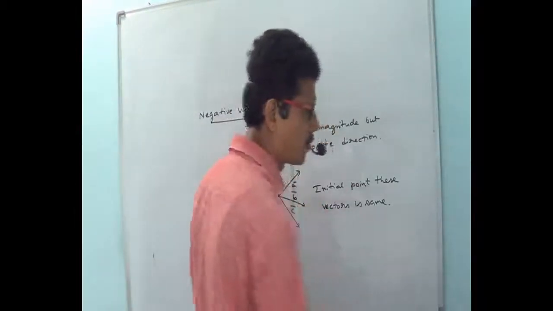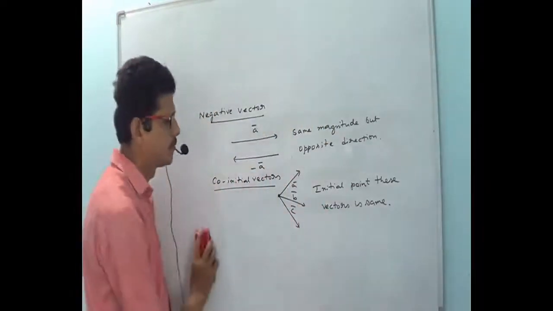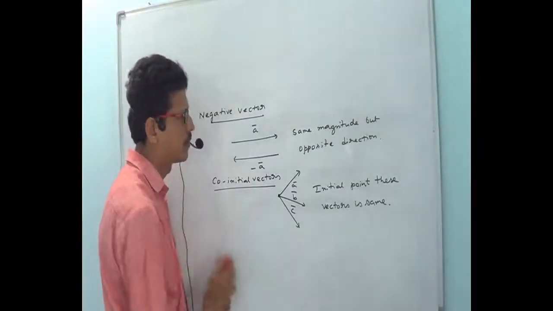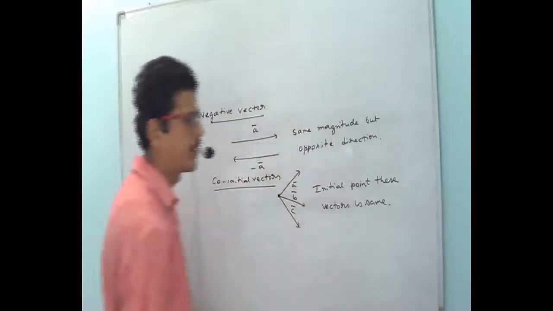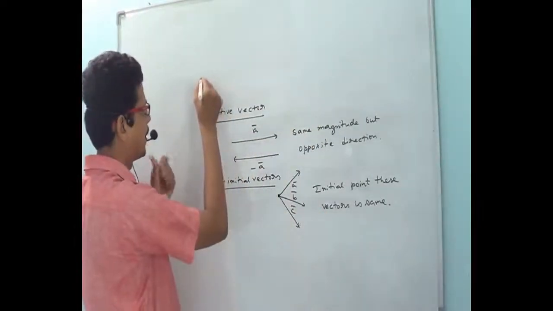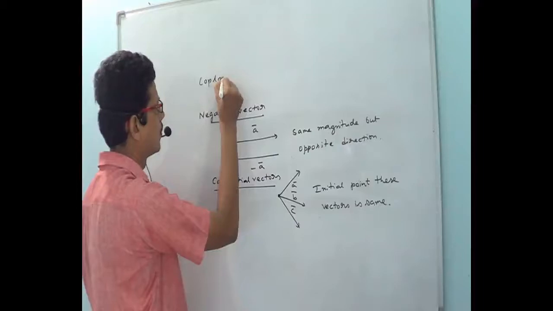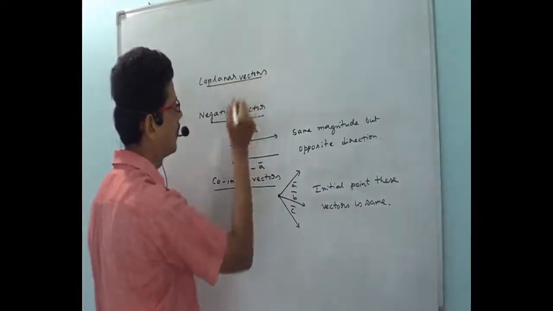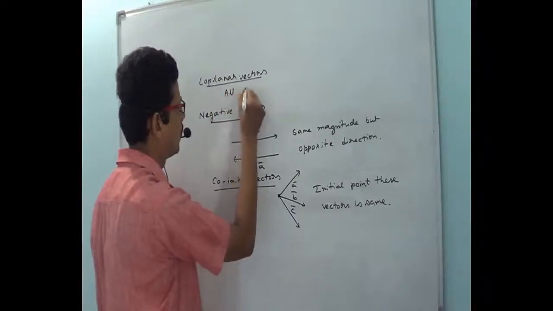Next, last one we have, coplanar vectors. Here on the top I will write coplanar vectors. Coplanar vectors means what? All vectors lie on the same plane.